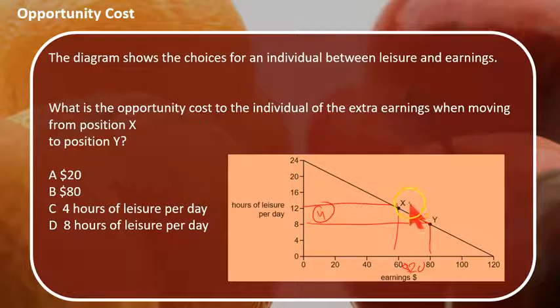So if you want to move from position X to position Y, in order to earn more, $20 of extra earning, you will have to sacrifice 4 leisure hours per day. That is your opportunity cost for earning extra $20. So that makes option C to be the correct option. 4 hours of leisure per day is your opportunity cost, is your sacrifice for earning extra $20.